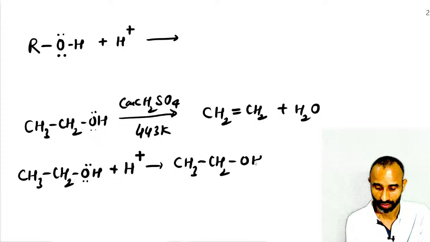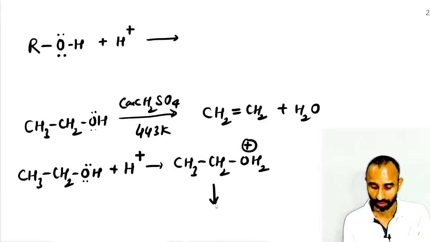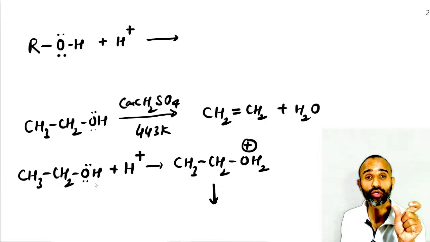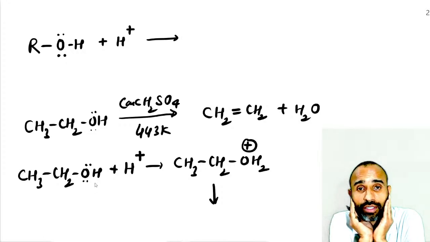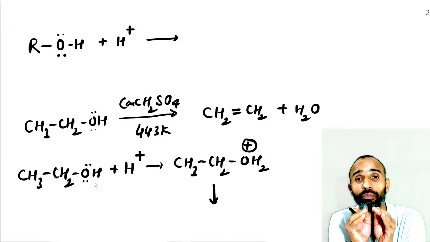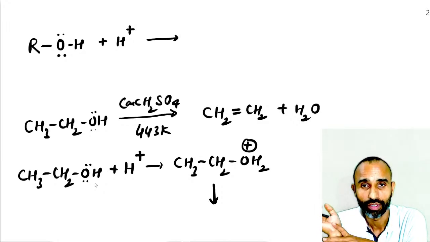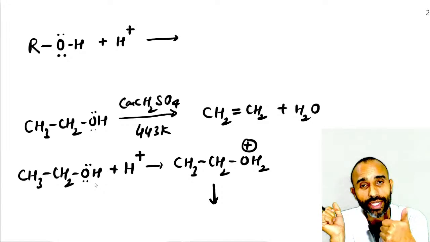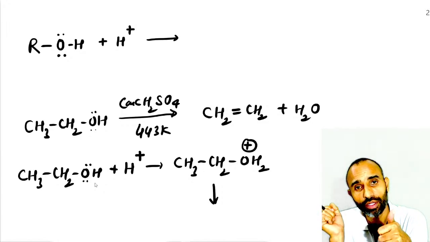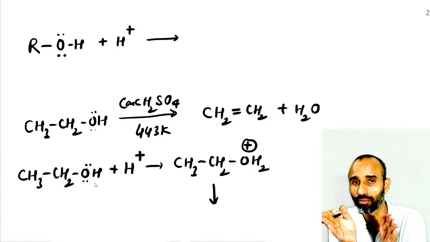and therefore we get protonated alcohol. So when this protonated alcohol is formed, OH is a strong nucleophile, keep in mind. That's why it is a very poor leaving group. To make it a good leaving group, this acid will help.